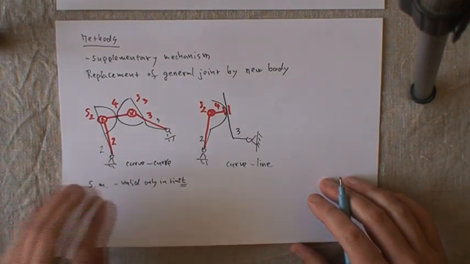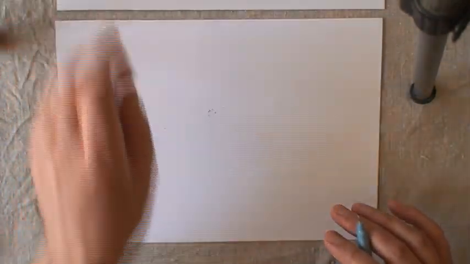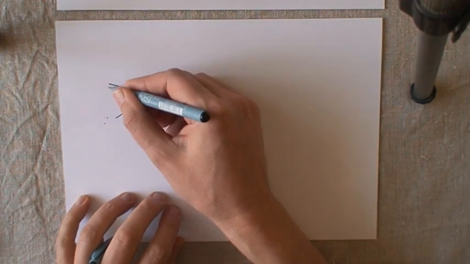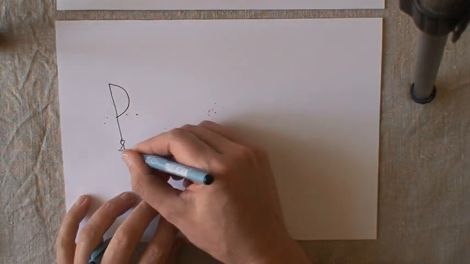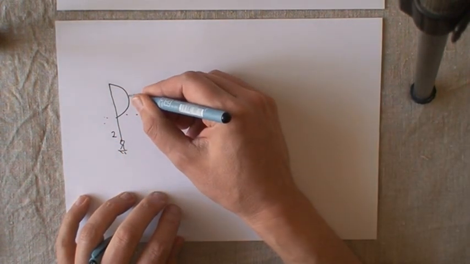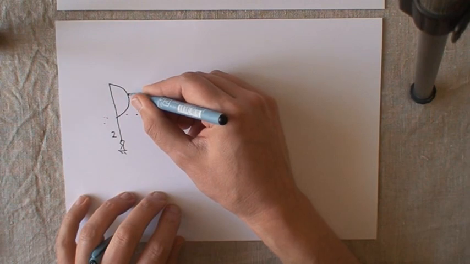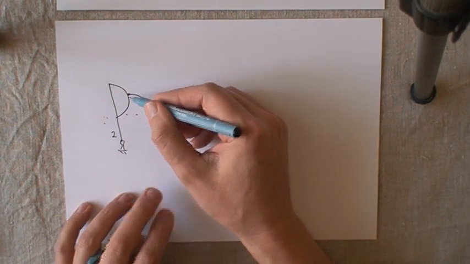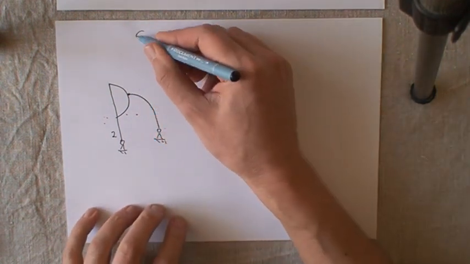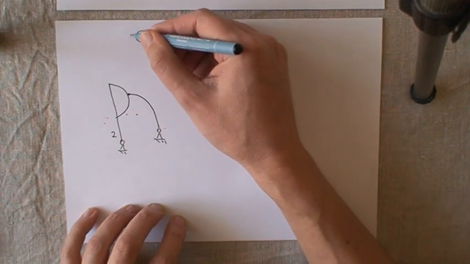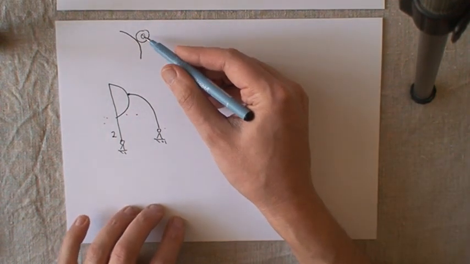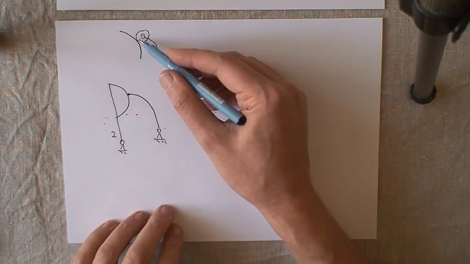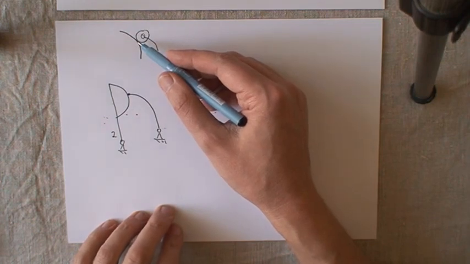Okay, there are 2 more cases. The first one is a curve and a point. So this is body number 2, and this is a point. Usually, if we would magnify this part, there is an additional body that ensures that the friction in this part is negligible.